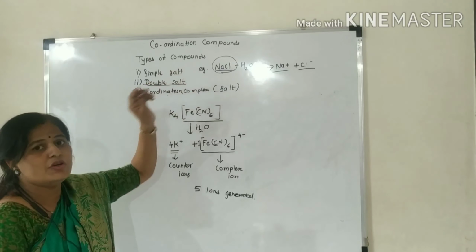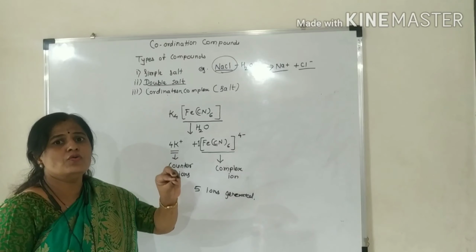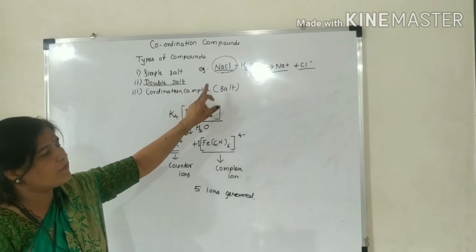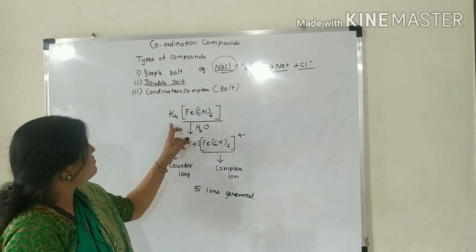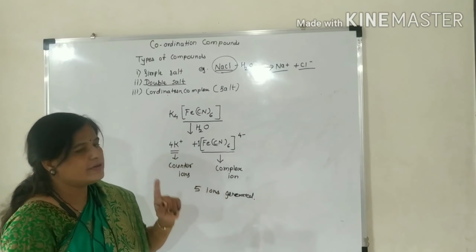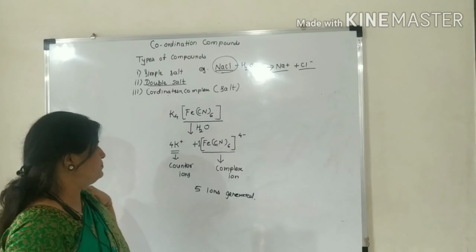Double salts dissolve or dissociate in water to give separate, different ions. But in the case of a coordination salt, there is formation of a complex ion. Therefore, it is called a coordination salt.